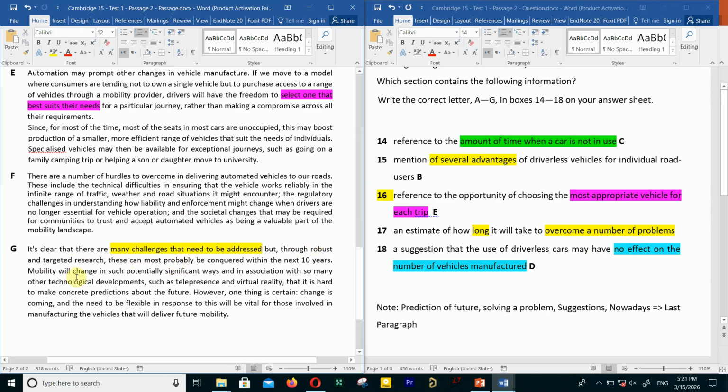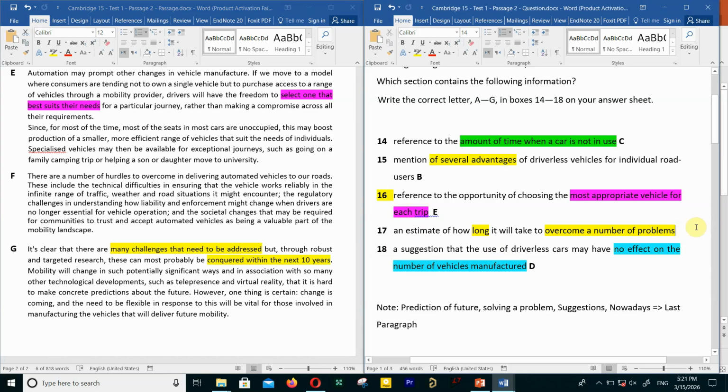But through robust and targeted research, these can most probably be conquered within the next 10 years. So an estimate of how long it will take, about 10 years to overcome a number of problems.